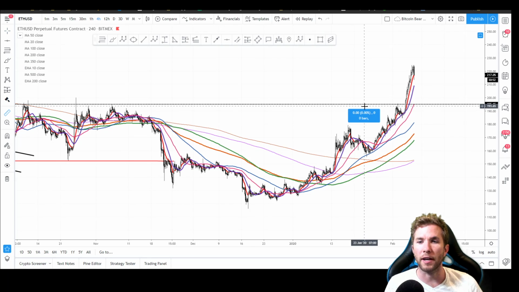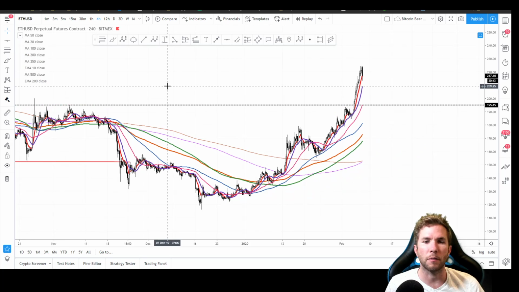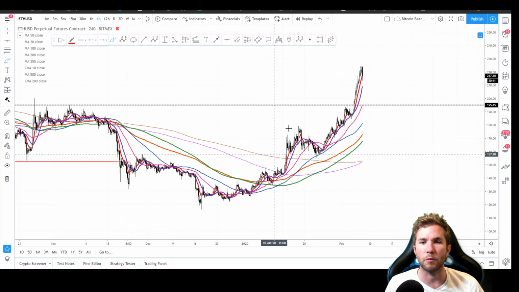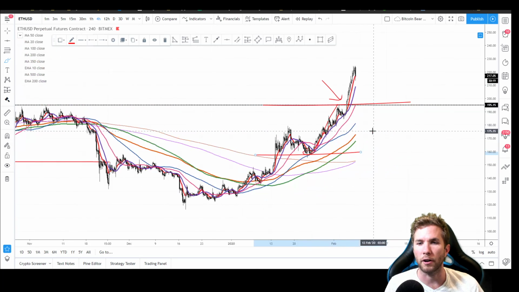If you're on a 2x, then you're going to be gaining 2x more Bitcoin, and you're going to be hedged net short. What's interesting, and something I like to do, is let's say you're playing this ETH play and it comes down to the 100 moving average. Let's say at 160 you get long. But then price gets up to this 195 level and you think, well, that's a key resistance level. Then you can take a short out on futures contracts, and you can get perfectly delta neutral or beta neutral.